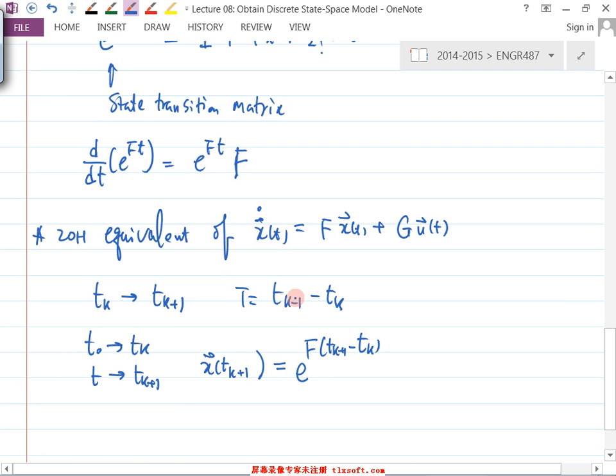Tk plus 1 minus tk equals capital T, right? So we can replace that easily here. So this integral limit becomes tk to tk plus 1, and e to the power of f, tk plus 1 minus tau, and g u of tau d tau.